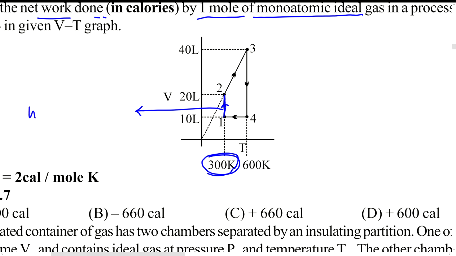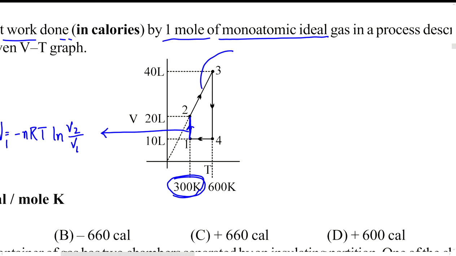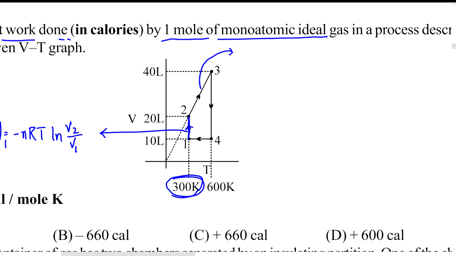So for this, I can write work done as minus nRT ln of V2 by V1. The values are known, so you can always calculate this work done. Let's call it W1. For the second process, process 2, 3, we have V by T as a constant according to the graph.